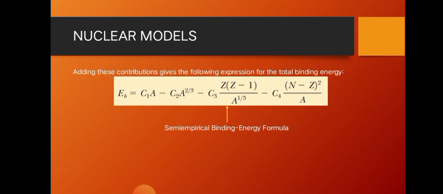When we add up these contributions, this gives us the following expression for the total binding energy, where EB is equal to C1A minus C2A raised to 2/3 minus C3 times Z times Z minus 1 all over A to the 1/3 minus C4 times N minus Z squared all over A. These are only used for a semi-empirical binding energy formula.